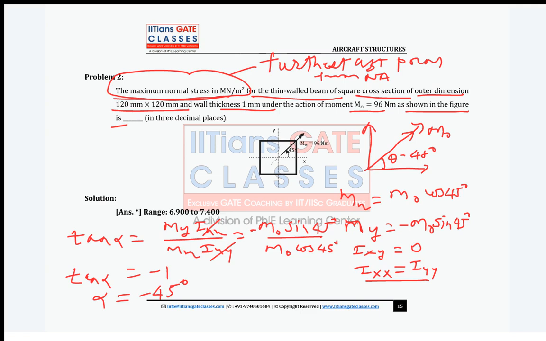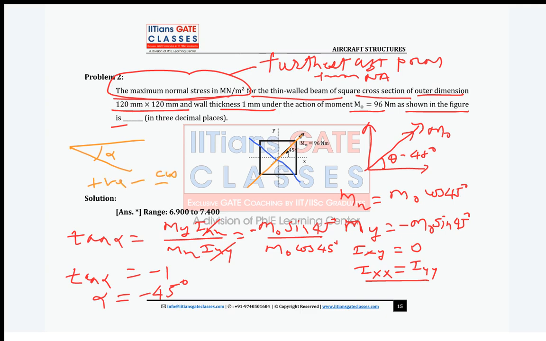What is the neutral axis now? Tell me. Is it this or is it this? I will draw with two different colors, blue and orange. Which is your neutral axis? Blue is the neutral axis, Vikas? When we took it earlier, what was your alpha? When alpha is positive it means clockwise, right?